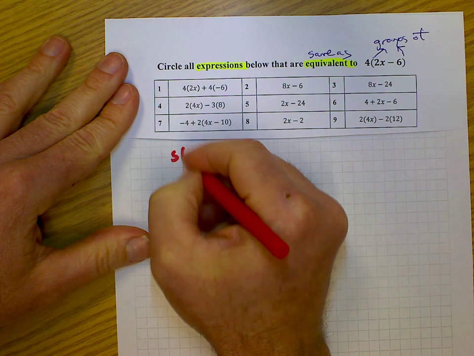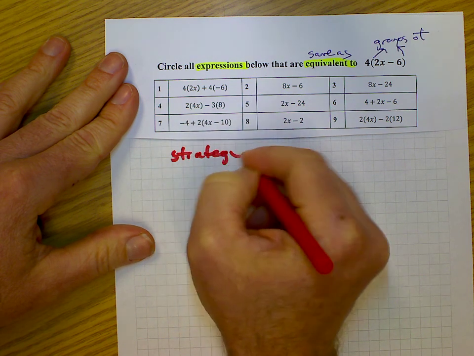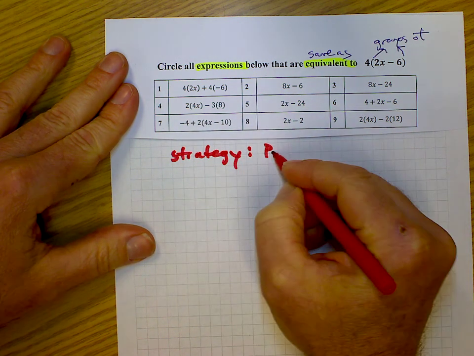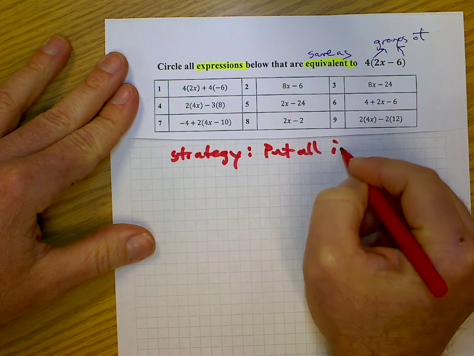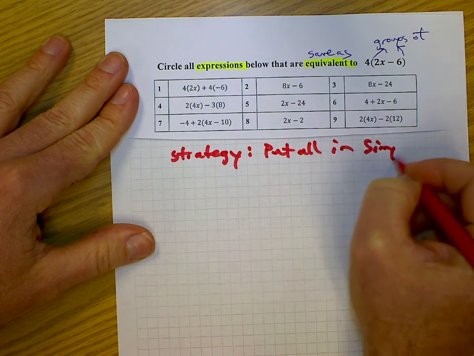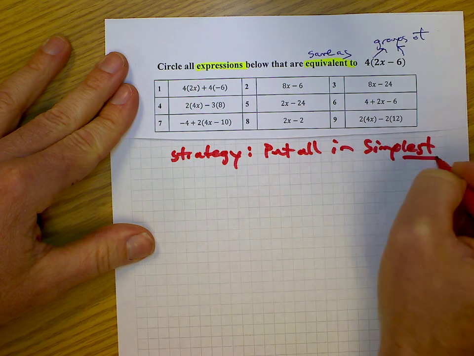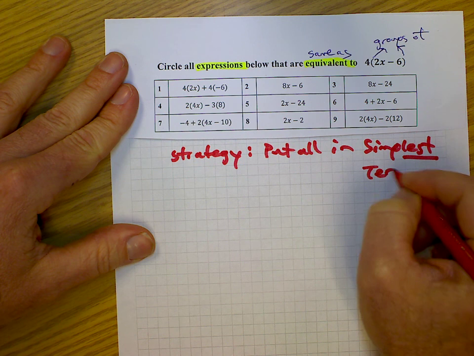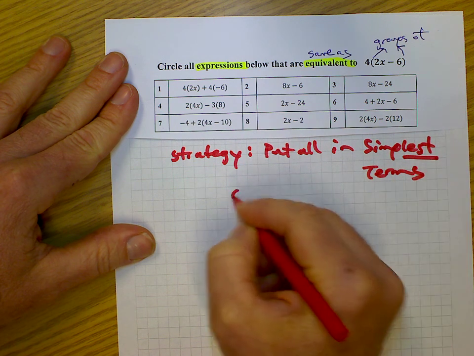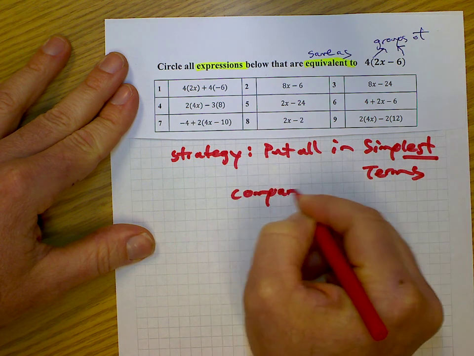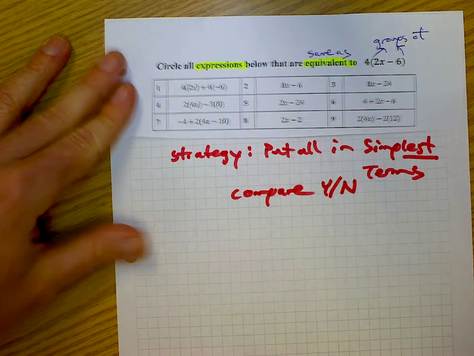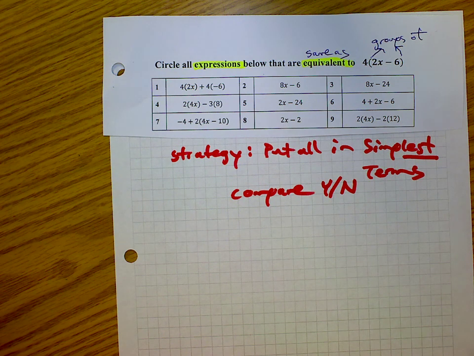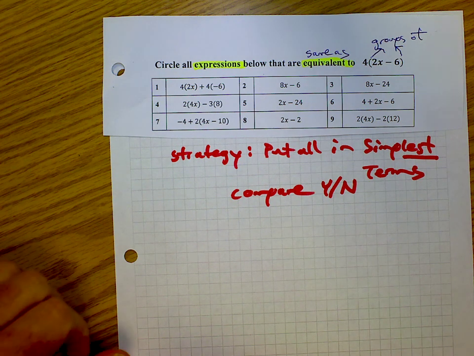Okay, the strategy on problems like this is put all in simplest terms and then compare. And it's as simple as yes or no. Okay, these are actually super easy problems if you let that happen.